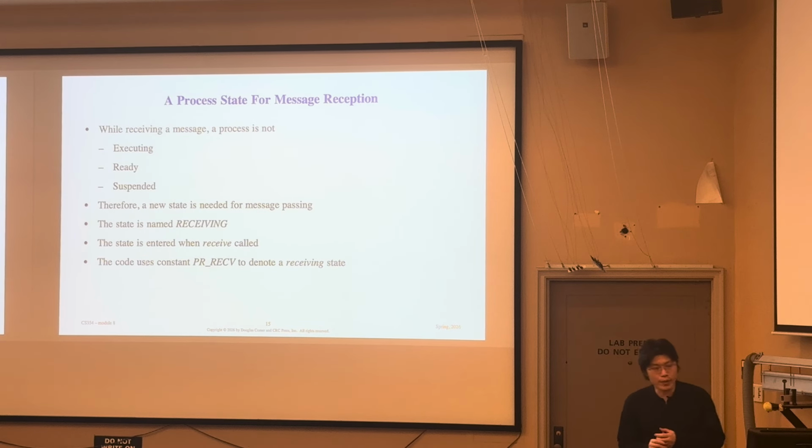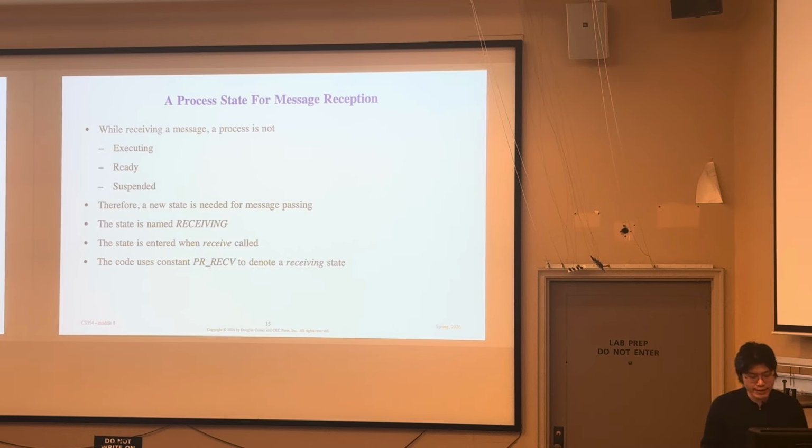So after adding this message passing facility, what are the process states? We have the process state diagram, and before and after adding this message passing facility, the process has new states. While receiving a message, a process is not executing because it's blocked waiting for this message.